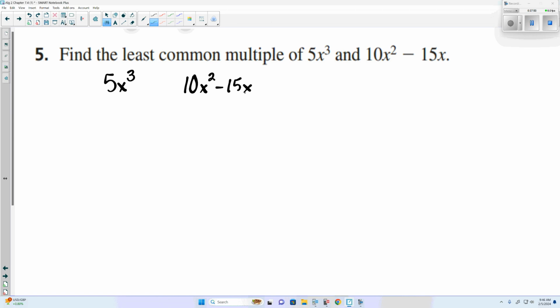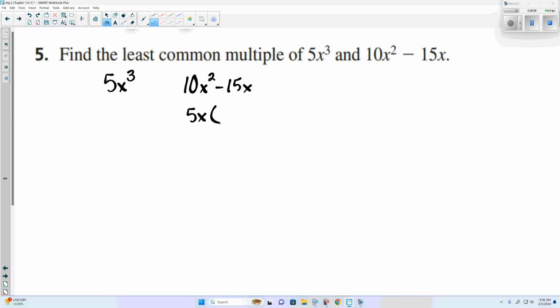Last one we're going to do. This one's kind of nice. 5x squared. 5x cubed, sorry. One term. That's factored. It's not going to get any simpler than that. 10x squared minus 15x. Greatest common factor of 5x.